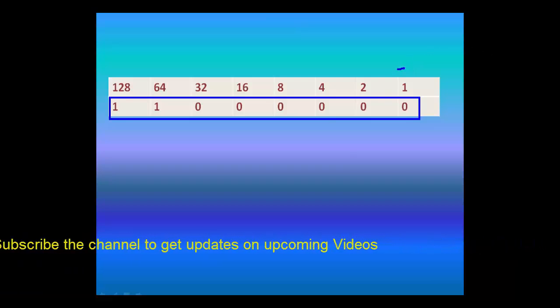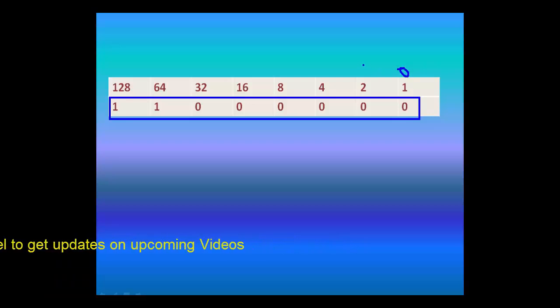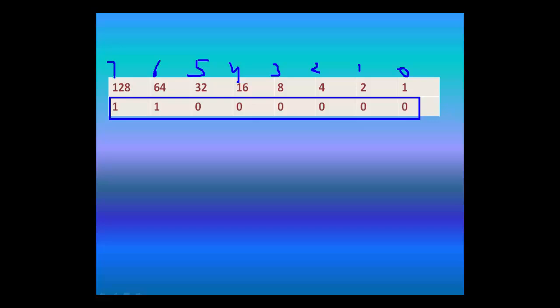This is the 0 position, first position, second position, third position, fourth position, fifth position, sixth position and seventh position. 2 raised to power 0 is 1, 2 raised to power 1 is 2, 2 raised to power 2 is 4, 2 raised to power 3 is 8, 2 raised to power 4 is 16, 2 raised to power 5 is 32, 2 raised to power 6 is 64 and 2 raised to power 7 is 128.